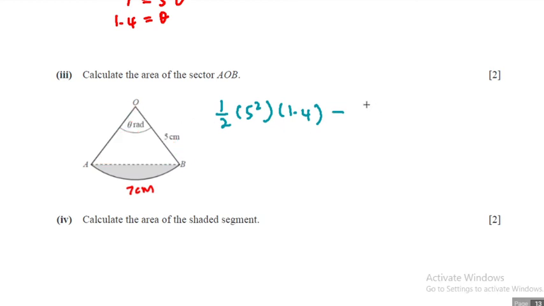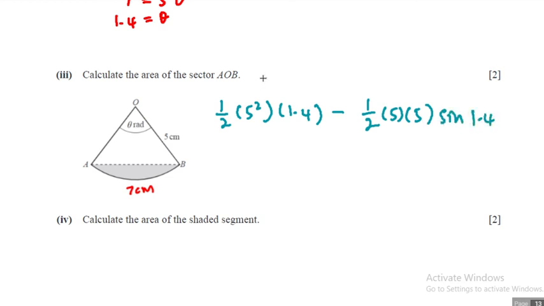Actually, there's a simpler version of this, but I'm lazy to memorize. But if you memorize that formula, why not? In this case, I just do it one by one and use my logic. Half AB, which is 5 squared also, right? So you can just write 5 squared sine 1.4.